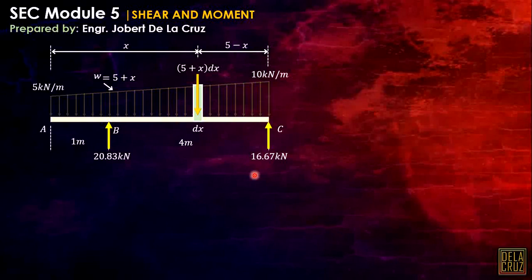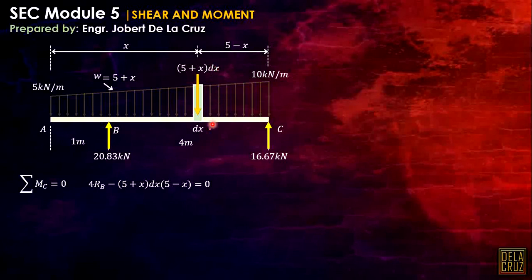Okay? Okay, so ipakita muna natin, isolve natin yung reaction using this one. Okay, so disregard na yung load natin, yung uniformly distributed load. Ito na. Okay, so summation of moment about C, that will be 4 of RB minus this load. Okay, that load is (5 + x) dx.